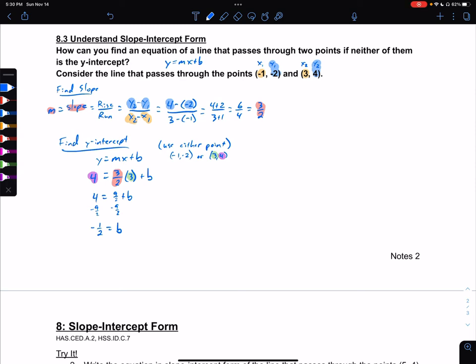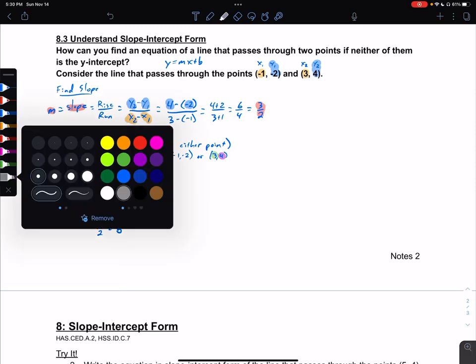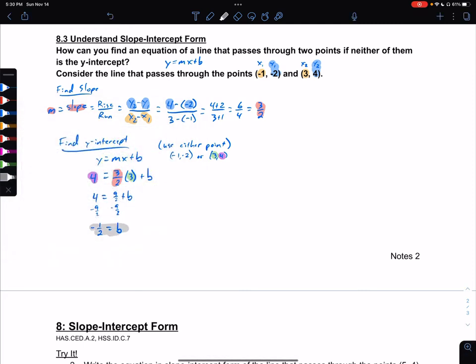That is my b value. So for the equation y equals mx plus b, I can now say that y is equal to 3 over 2 x minus 1/2. This is my b value, and this was my m value.